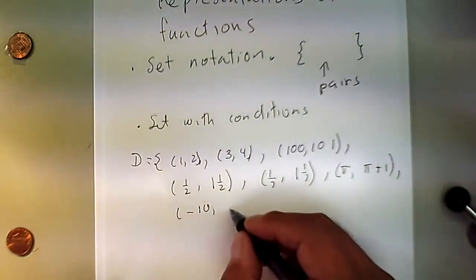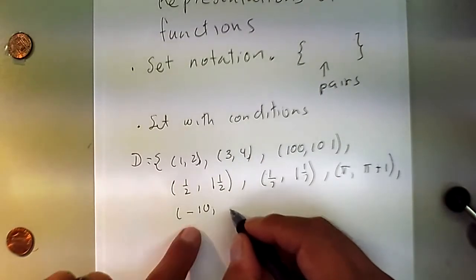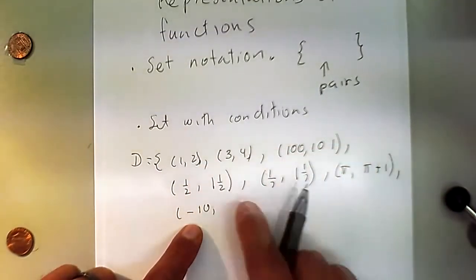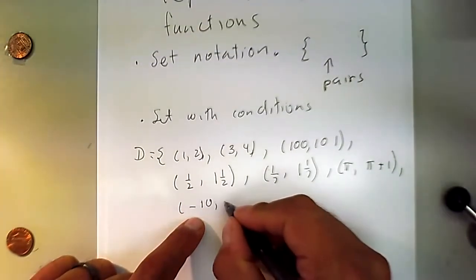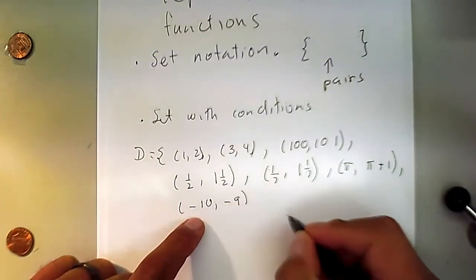Can you guess what the output of this input would be under this set if we keep the same relationship?